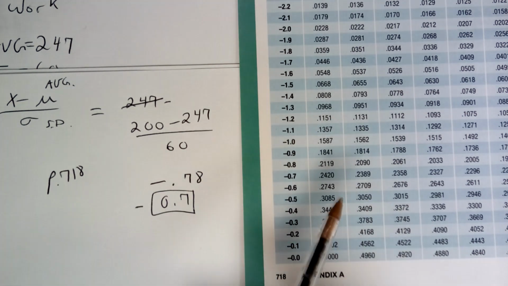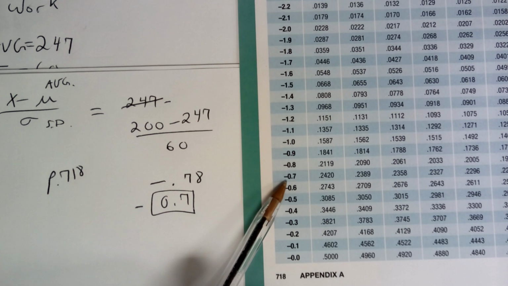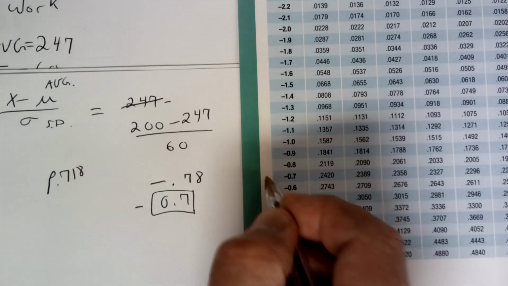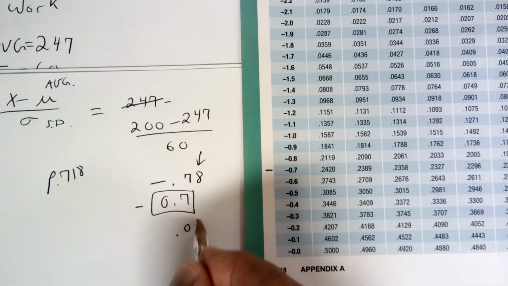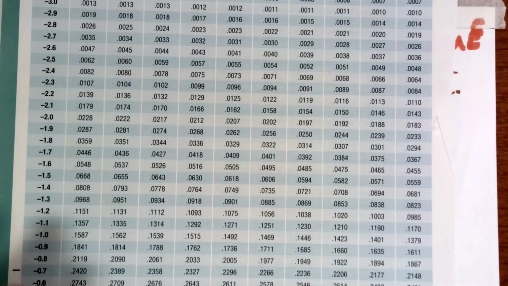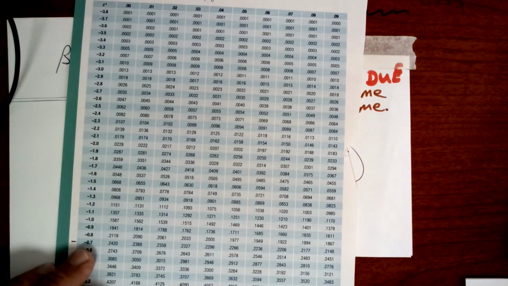So here it is right here, negative 0.7. So we want that one. And then the next number here is going to be 0.08. Let me make this a little smaller so you can see it. So 0.08 is going to be way over here.